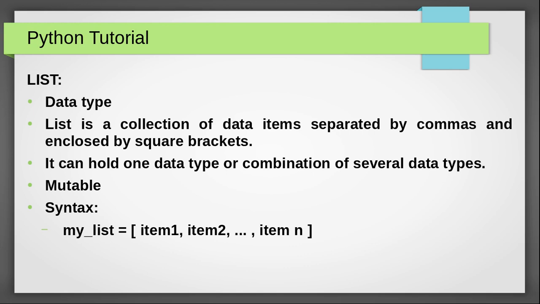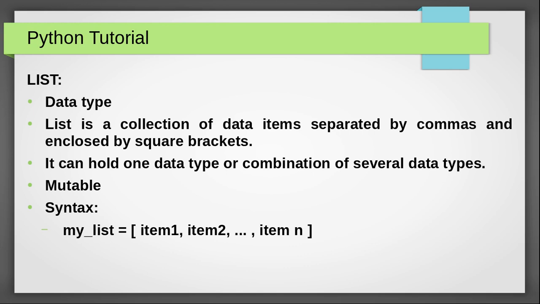When we talk about student information, it may contain the student's name, student roll number and student average. Here it is a combination of several data types: strings, integers and floating point numbers.